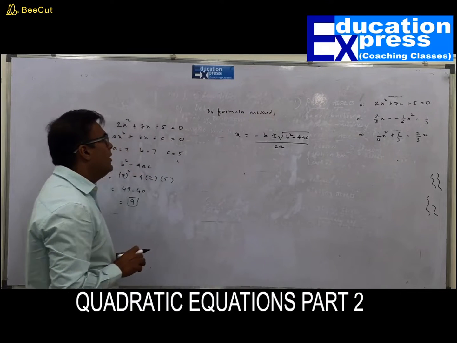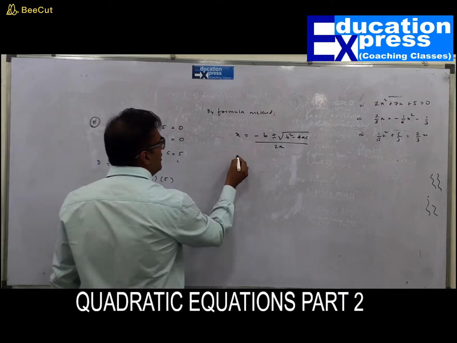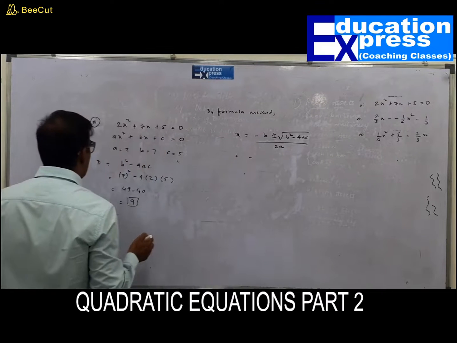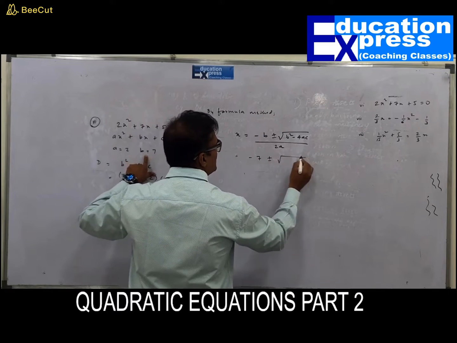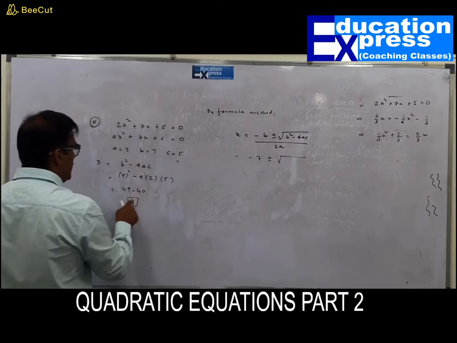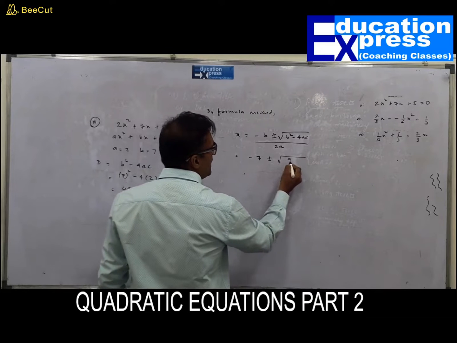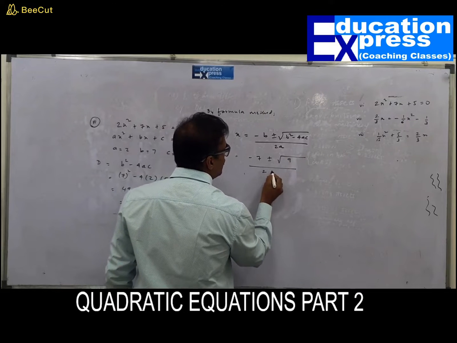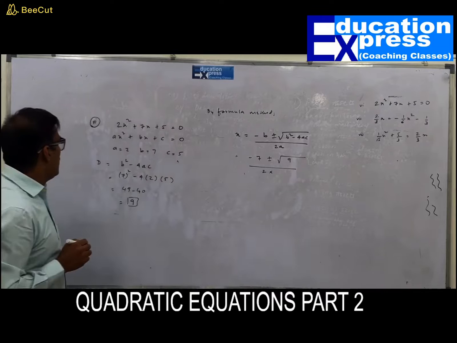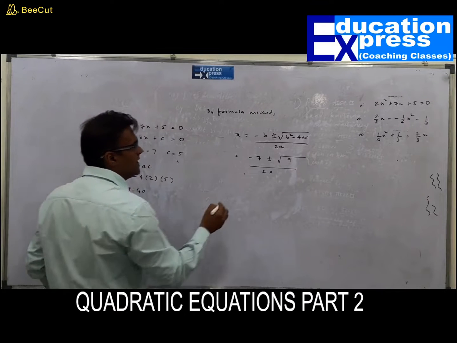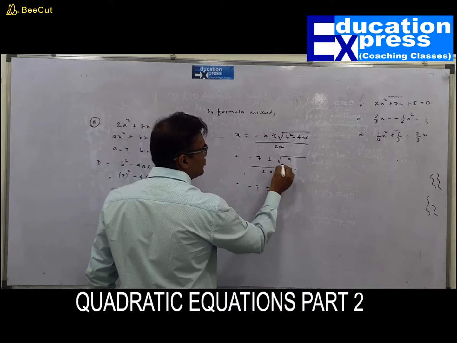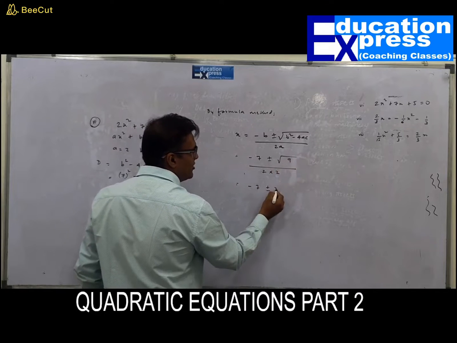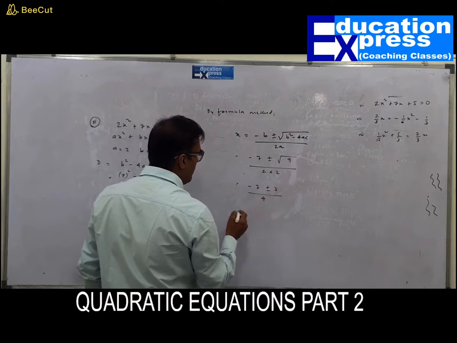This is the given formula. Let us substitute the values. Minus b, 7, plus or minus square root of b square minus 4ac, that is 9, upon 2 into a. What is the value of a? 2. Substitute 2. Minus 7 plus or minus square root of 9, that is 3, upon 4.